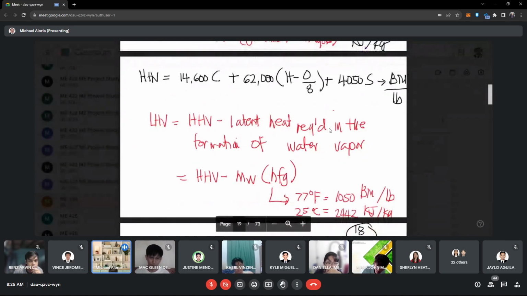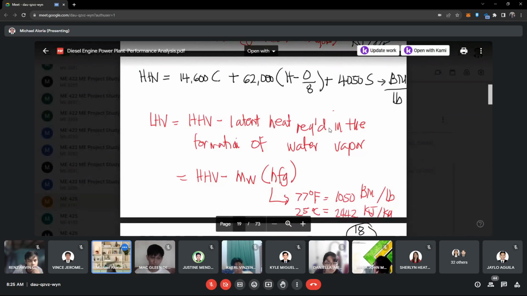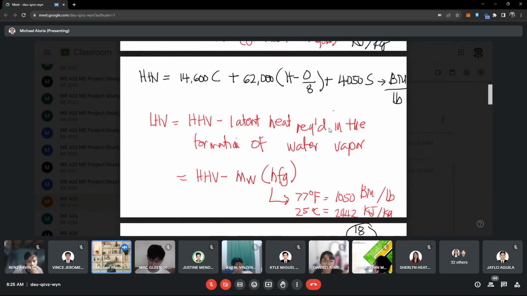Okay? So ano yung relationship natin between your higher heating value and the lower heating value? Ano ba yung pagkakaiba? We can compute your lower heating value as higher heating value minus the latent heat required in the formation of water vapor.